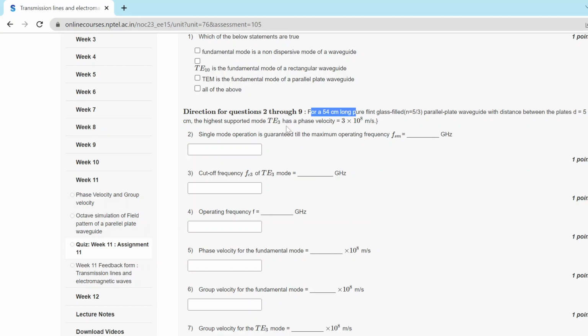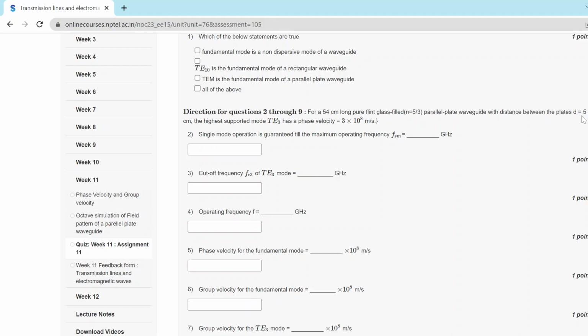And you see the highest supported mode. Depending upon the parallel plate waveguide, the highest mode which is supported is TE3. TE is transverse electric, and 3 is the mode number, so m is equal to 3, and we also know the distance between the plates.